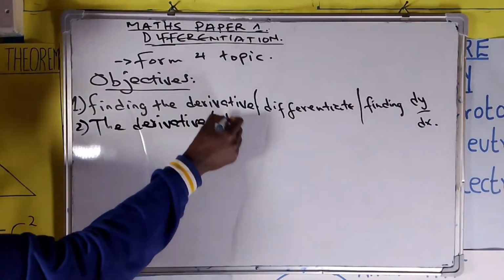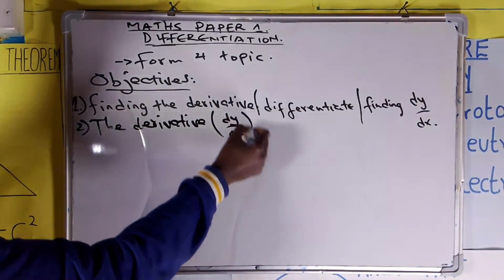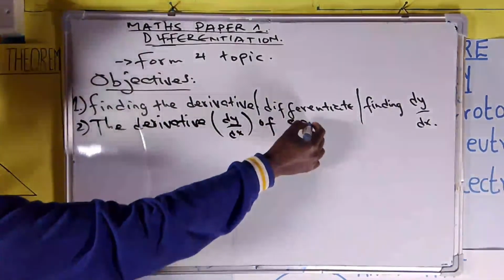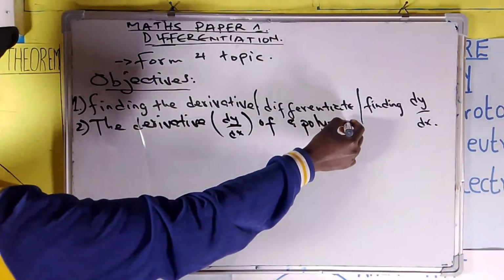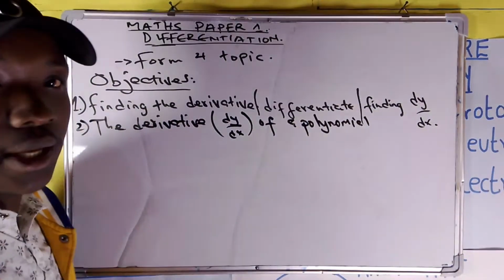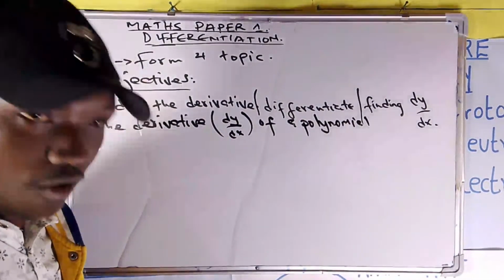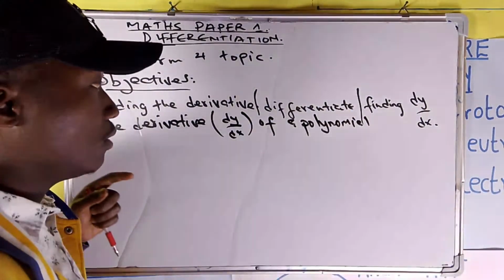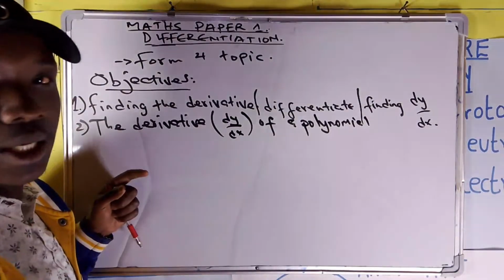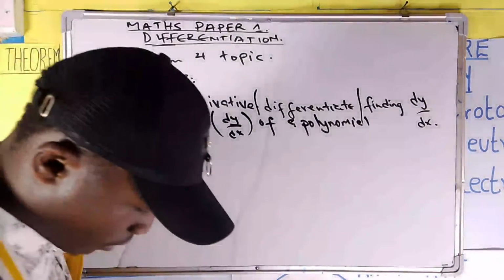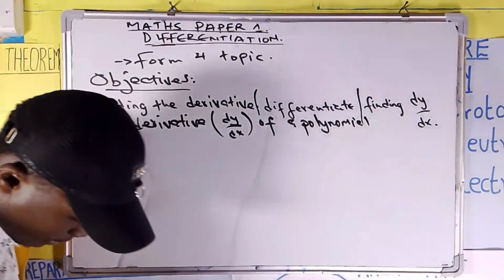When we talk of a derivative, we mean dy over dx of a polynomial. A polynomial is not a complicated terminology. It is just a name of an equation. An equation, remember, is made up of more than one element. So it is one and the same thing.